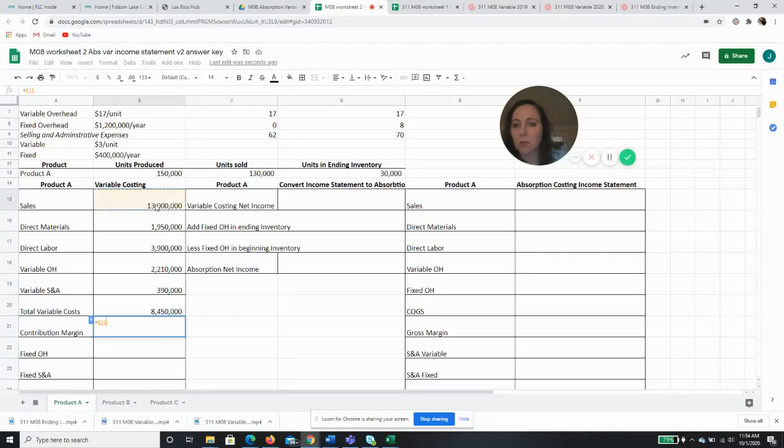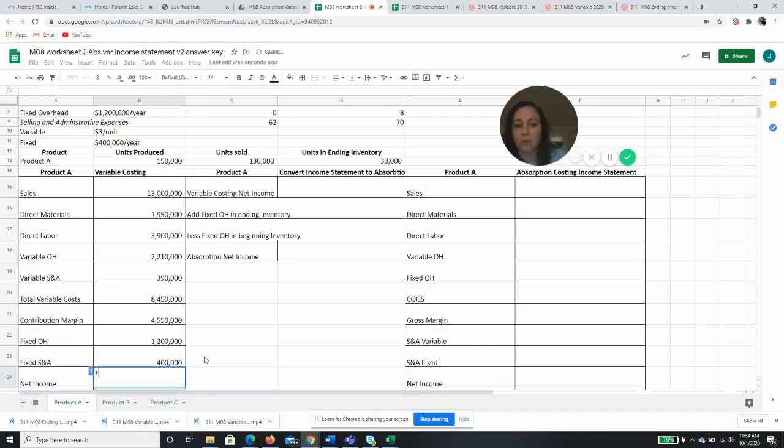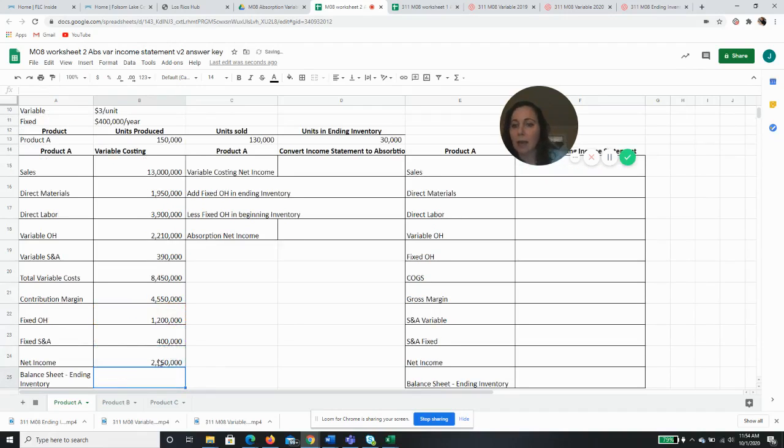Then we are going to calculate our contribution margin of 4,550,000. Then we're going to put in our fixed overhead of 1.2 million and our fixed S&A of 400,000. Subtract both of those from our contribution margin to get net income of 2,950,000.